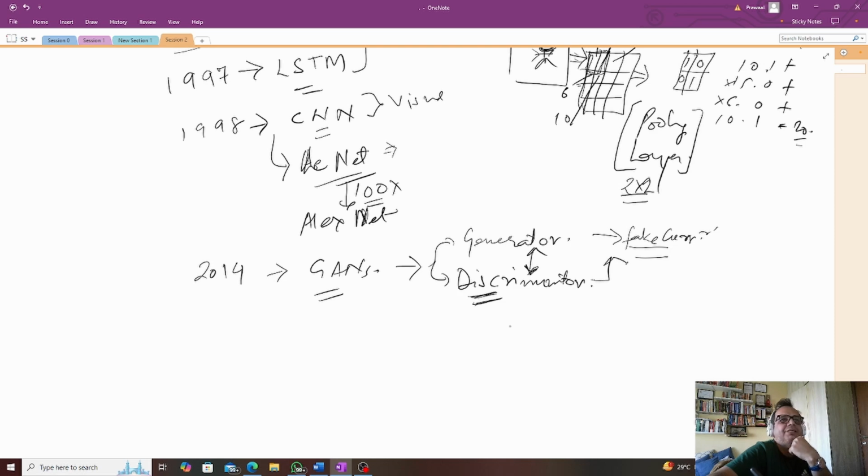Initially, in the first few iterations, the fake currency is going to be very, very bad, and the discriminator is going to say, oh, this is not the right currency. But over a period of time the generator becomes so smart that it creates output that the discriminator is not able to tell whether it is real or fake, and that's the time when we stop these iterations and the generator becomes a very good image generating thing.